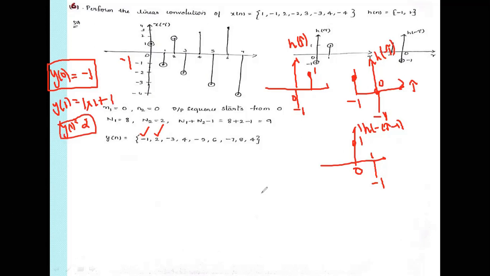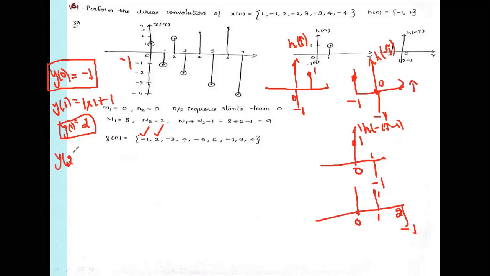Still it moves towards the right side. The 0 is 0 here, the 1 is 1, and 2 is minus 1. Now you multiply the values at 1 and 2. At 1, minus 1, now it is a plus 1.